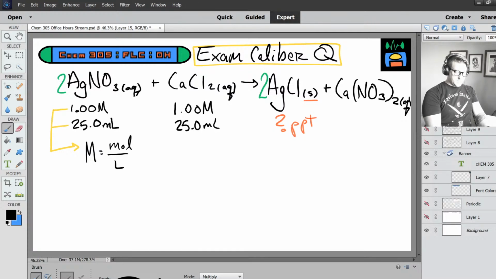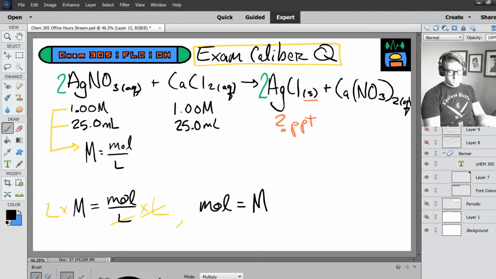And if you do a little bit of algebra and multiply both sides of this equation by our volume in liters, you get a new expression that tells you that your number of moles is equal to your molarity times your volume in liters.